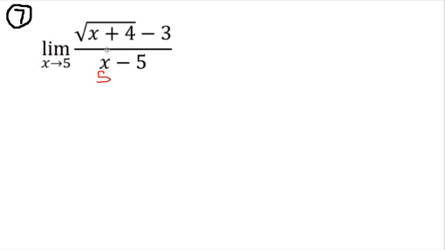I can multiply the top and the bottom by the square root of x plus 4 plus 3 over the square root of x plus 4 plus 3. Once again, we're trying to get rid of that x minus 5 in the bottom. All right?